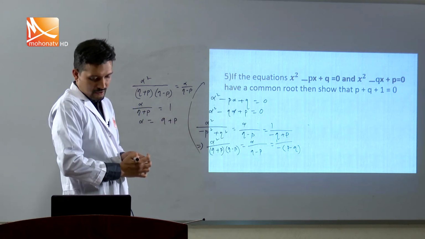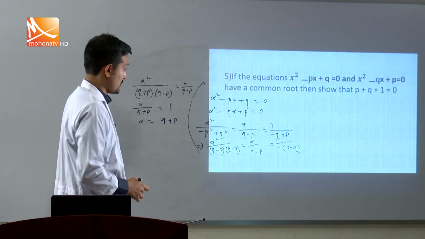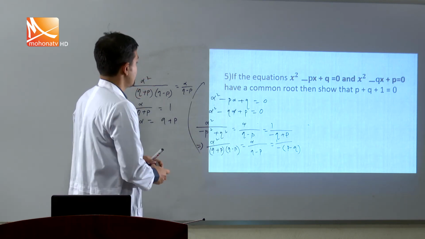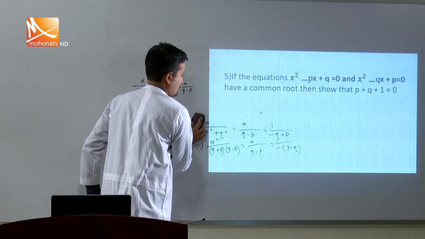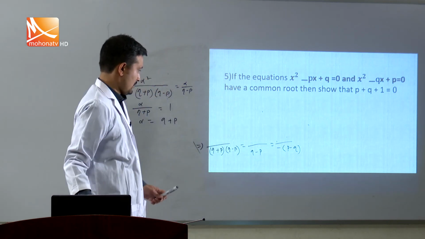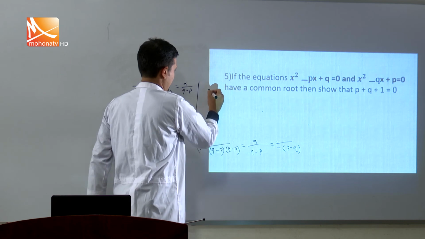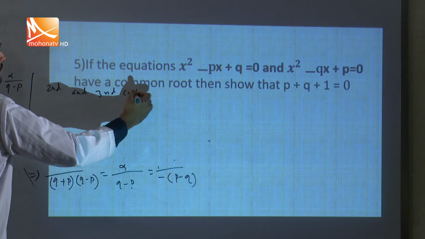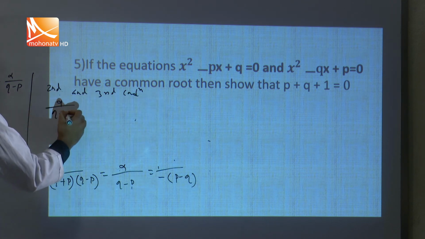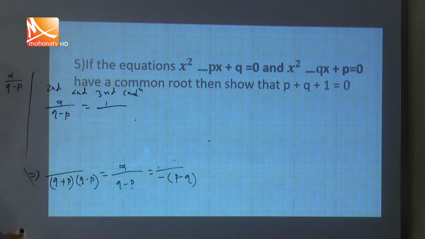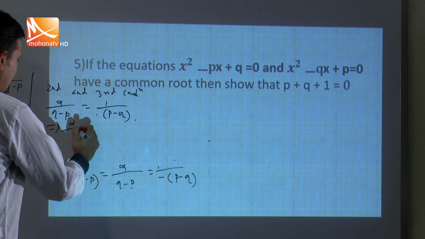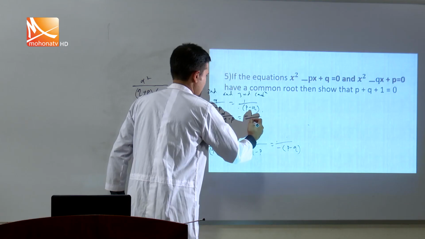And second and third condition, alpha by (q minus p) equals 1 by (p minus q), or alpha by (q minus p) equals minus 1 by (q minus p).